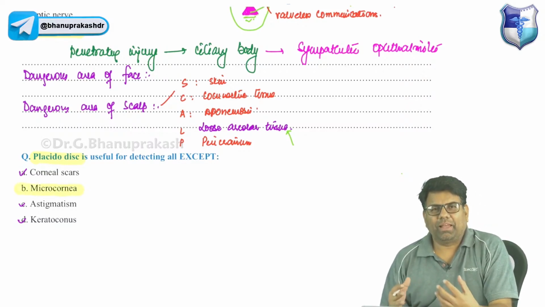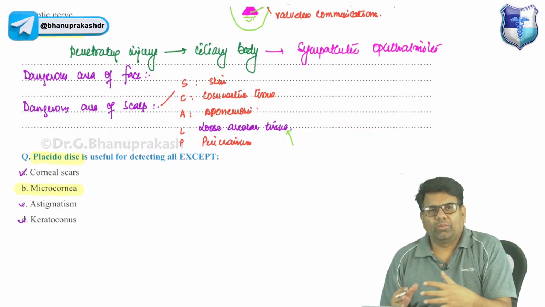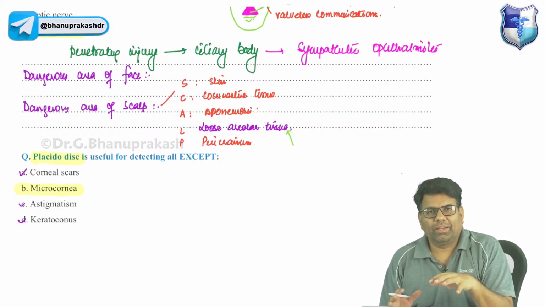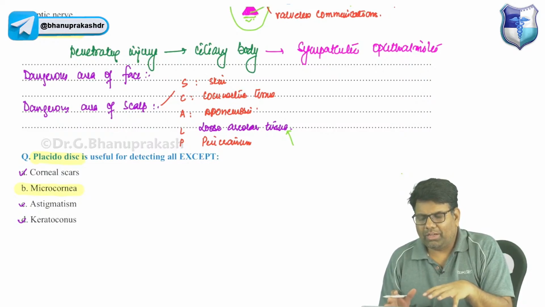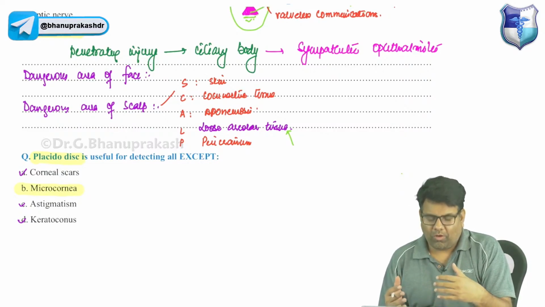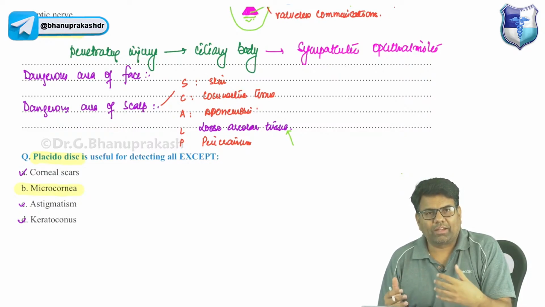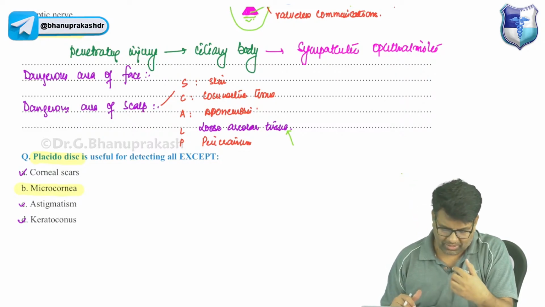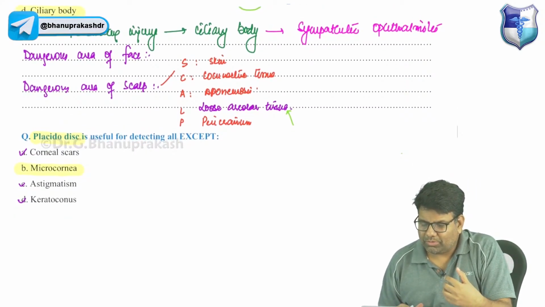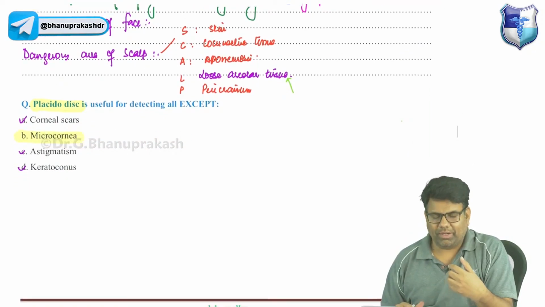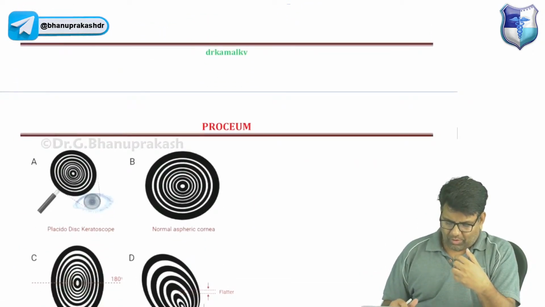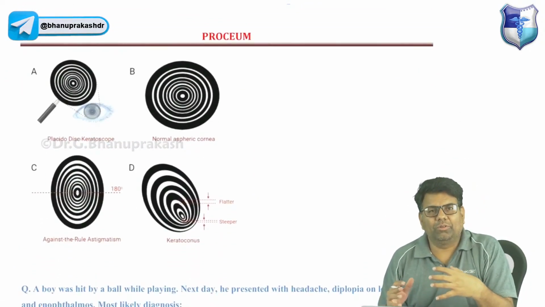Actually, what we do in placido disc, we look at the surface of the cornea. So if there is any abnormality in the surface of the cornea, obviously it would be reflected in the placido disc. So just to make you understand the concept in a better way, you should look at what we actually do in placido disc.